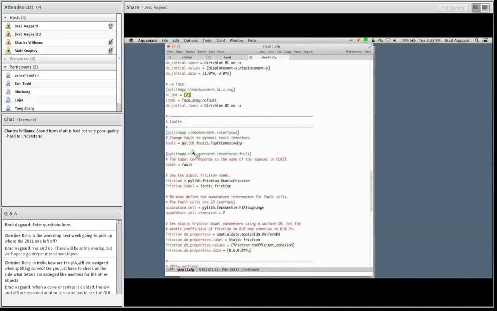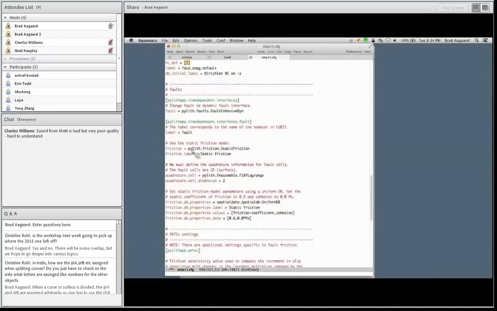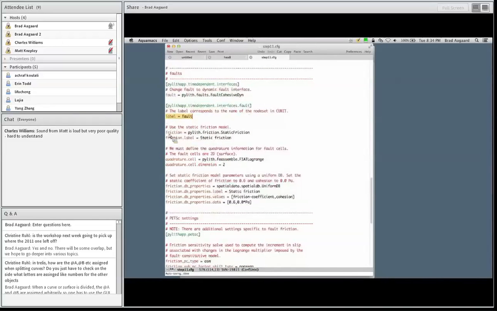Here's our fault, and this is exactly what we essentially had in the slide where we set our fault to be a fault cohesive dynamic object. We give it the node set from Qubit fault. We set our friction equal to static friction. We again have to set our quadrature scheme for the fault.